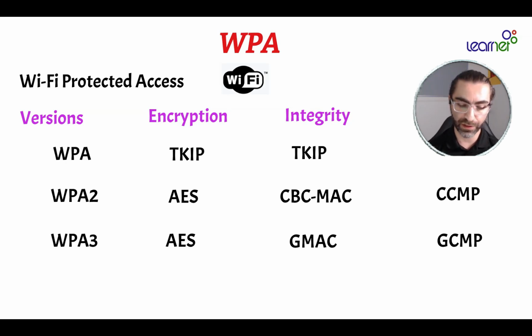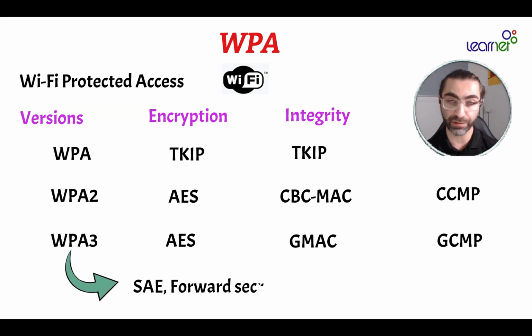And these two together, AES plus GMAC, form GCMP, which stands for Galois Counter Mode Protocol. The difference between WPA2 and WPA3 is not only about the integrity protocol they're using. WPA3 has other features as well, naming some, SAE, which stands for Simultaneous Authentication of Equals, forward secrecy, and PMF or Protected Management Frames.